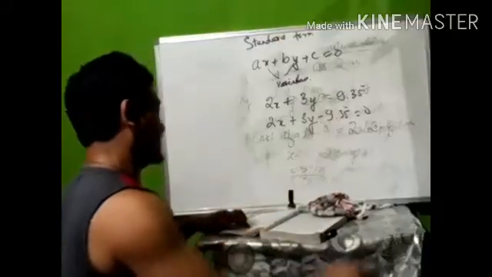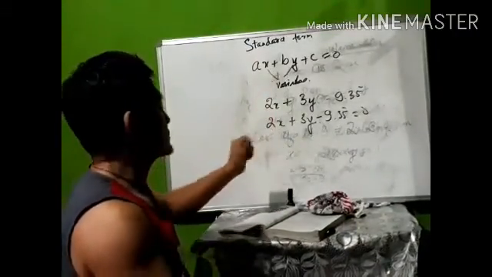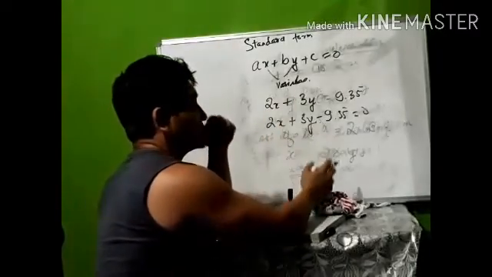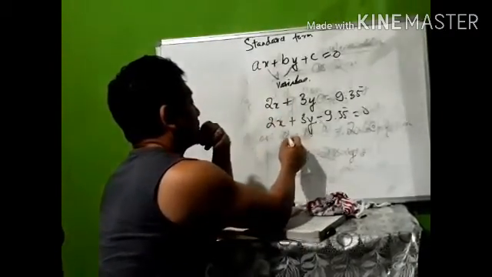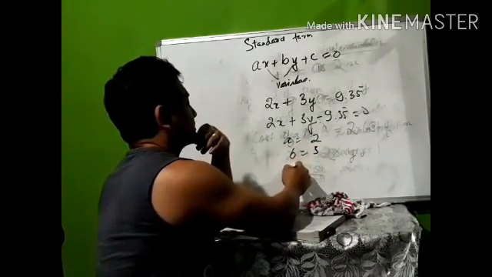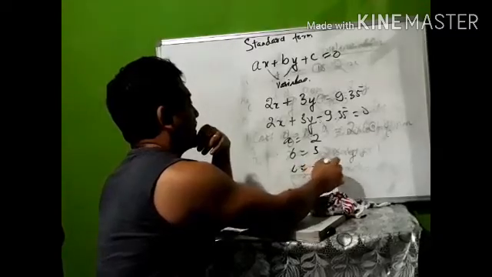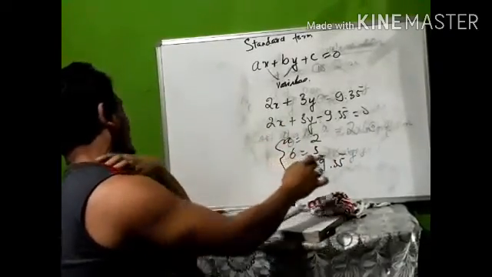So yes, it is a linear equation and has the standard form. What are the values in place of a, b, c? For a it is 2, for b it is 3, and for c it is minus 9.35 bar.